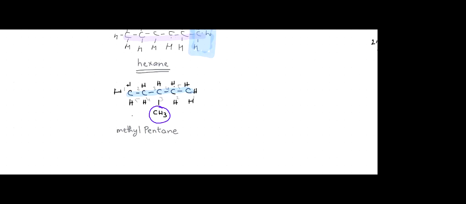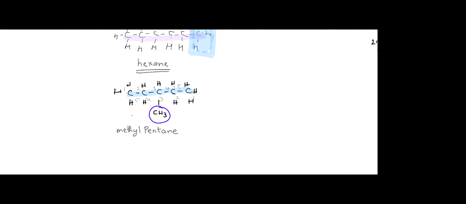You will always choose the smallest number. But in this particular case, we don't have to worry about that, because from the right and also from the left, the CH3 group is on carbon number 3. If I count from the left, I get carbon number 3. If I count from the right, I also get carbon number 3. Can you see that, Shreya?